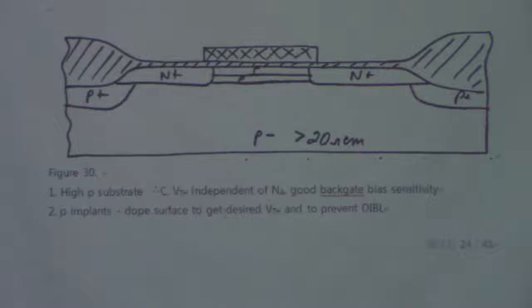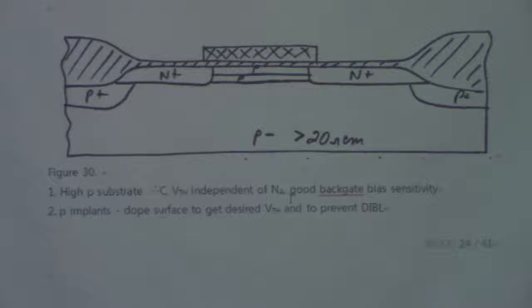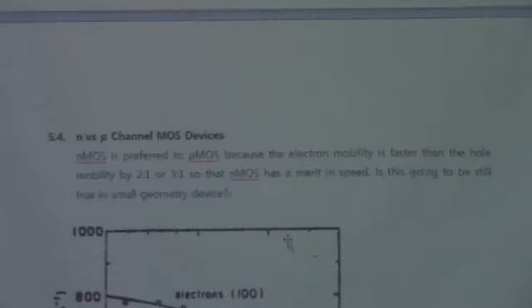Here it is summarized: a high resistive substrate makes the capacitance and threshold voltage independent of substrate doping level, and gives a good backgate bias sensitivity. And we do the channel implant to control the threshold voltage. Okay, so that's what we should do.